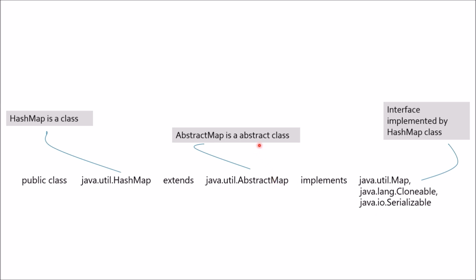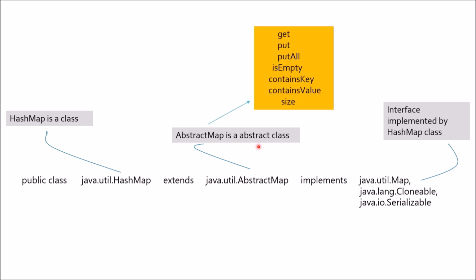This class is providing you methods like get, putAll, isEmpty, containsKey, containsValue, size, and many other methods. So if you have worked with HashMap, you may have used get, put, isEmpty, containsKey, or size.